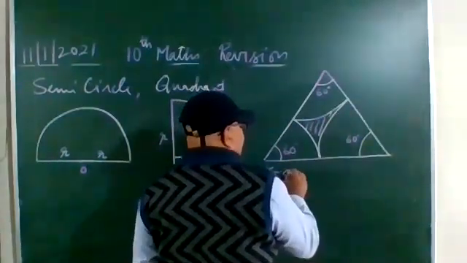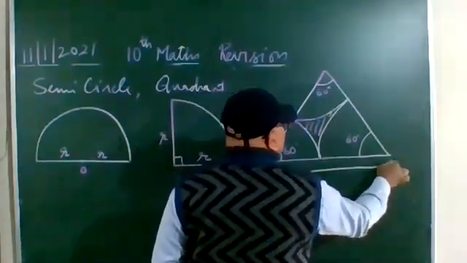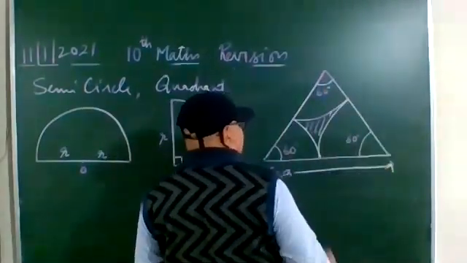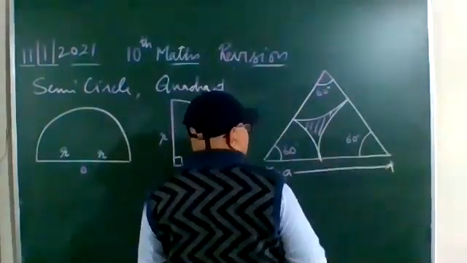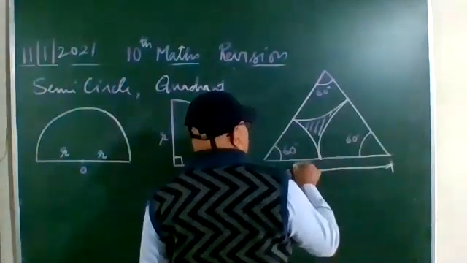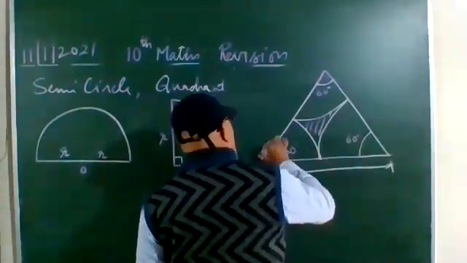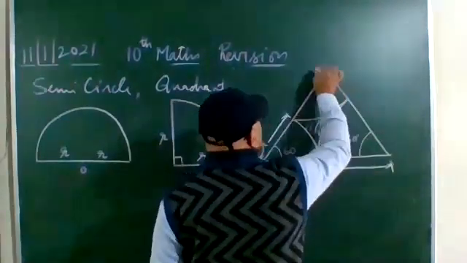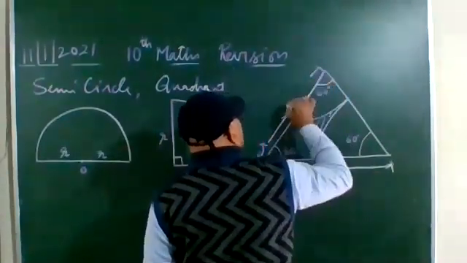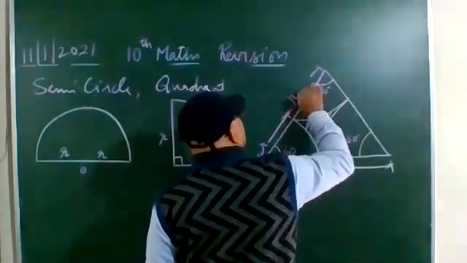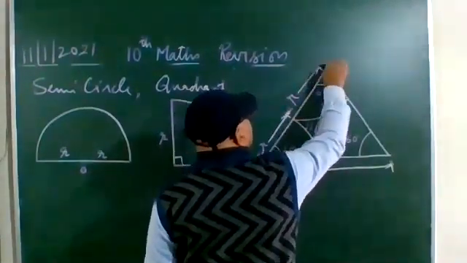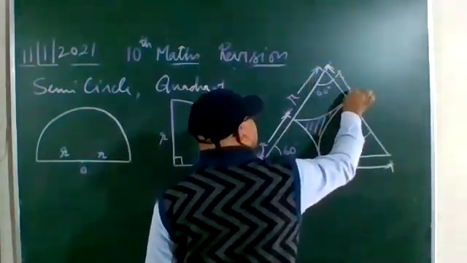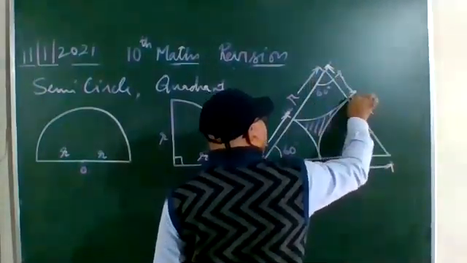This is an equilateral triangle, and if the angle you know, then you can come to know. Now radius, this is R. This is R. This is also R.